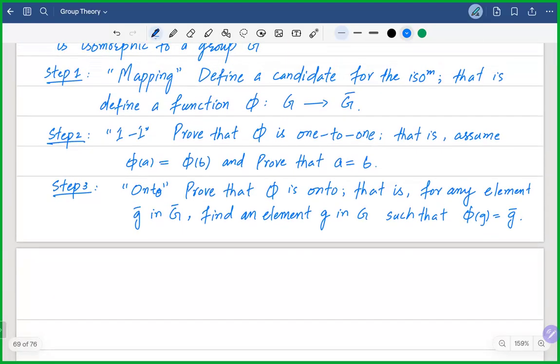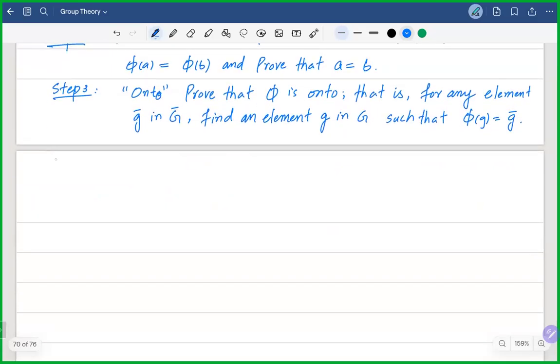Step 4 is you need to check operation preservation. Okay, so you need to prove that phi is operation preserving.